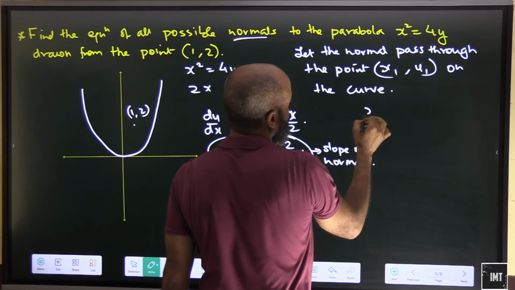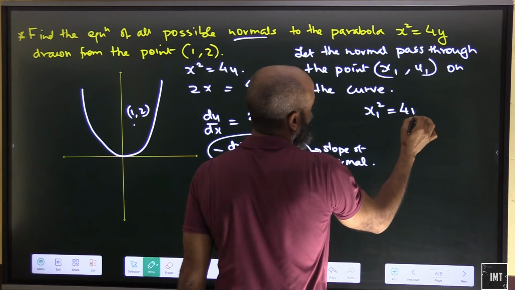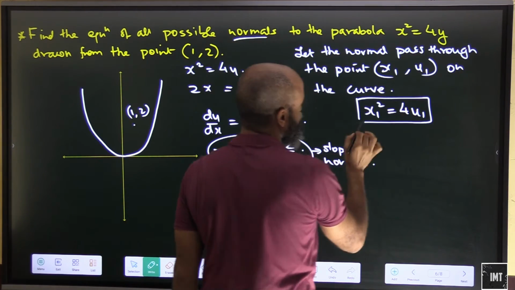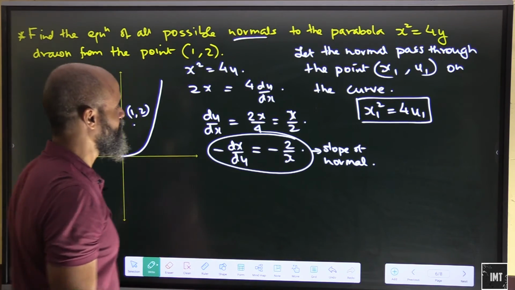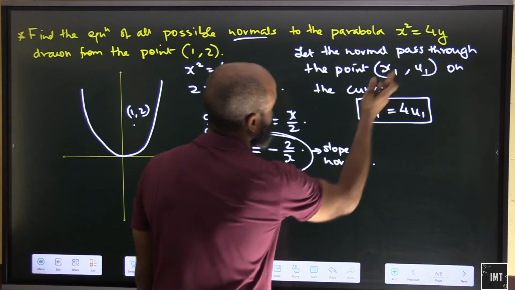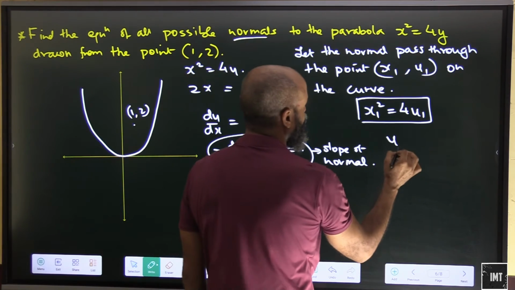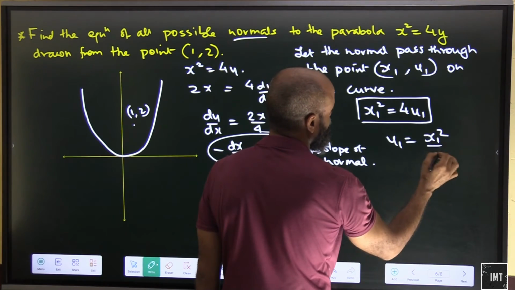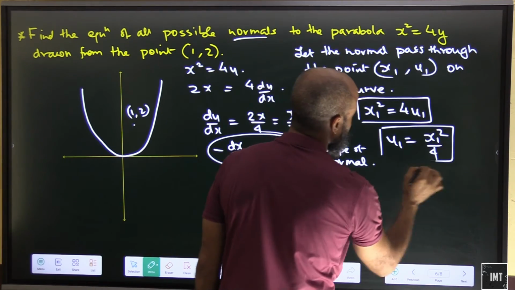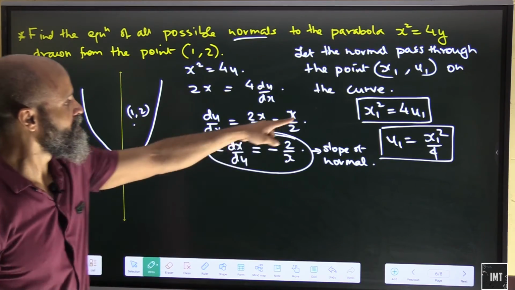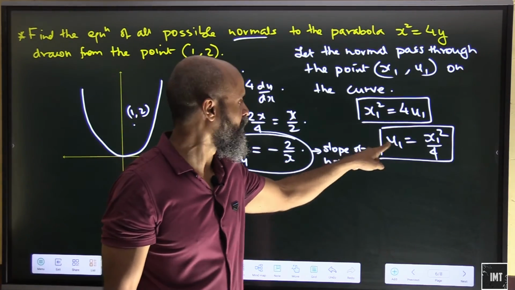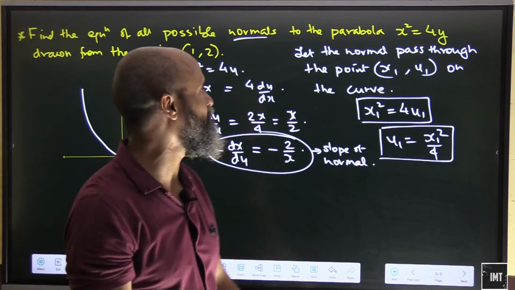So here we have x1 square is equal to 4y1, or we can say y1 is equal to x1 square by 4.